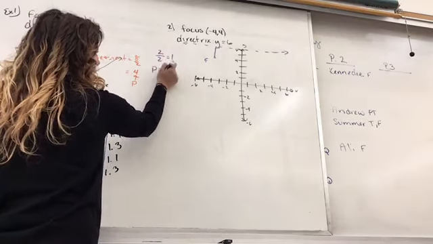Now, think about this. The focus is below the directrix. In our other example, the focus was above it. When it's above, p is positive, but when it's below, that means my p value is -1.